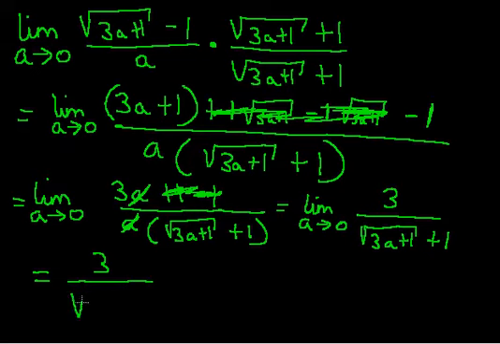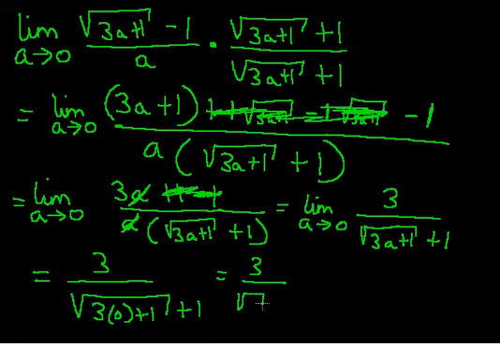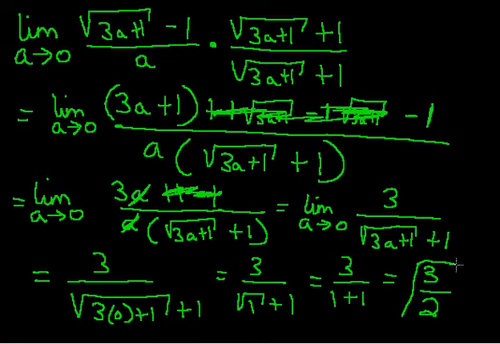So this equals 3 over the square root of 3 times 0 plus 1, plus 1. 3 times 0 is 0, and then you have plus 1 within the square root, so that's the square root of 1, and then you have that plus 1 outside. And the square root of 1 is just 1, so I end up with 3 over 1 plus 1, and that equals 3 over 2.